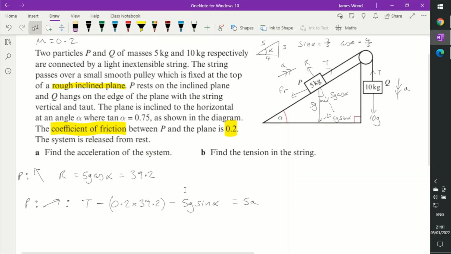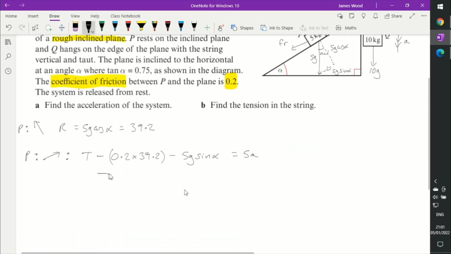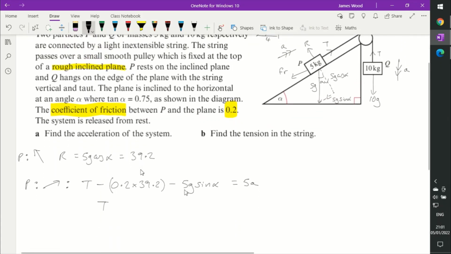Let's work out any numbery bits that I can just to simplify this. That's T, we've got 0.2 times 39.2, and minus 5 times 9.8 times sine alpha, and sine alpha was 3/5.